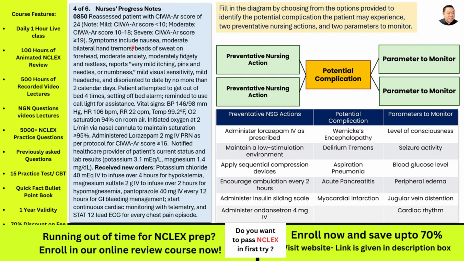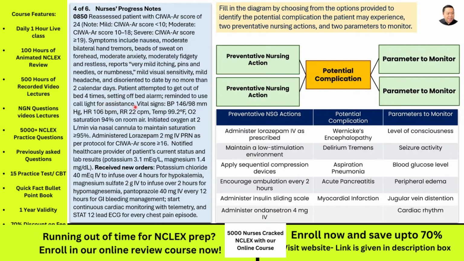Symptoms include nausea, moderate bilateral hand tremors, beads of sweat on forehead, moderate anxiety, moderately fidgety and restless, reports very mild itching, pins and needles or numbness, mild visual sensitivity, mild headache, and disoriented to date by no more than 2 calendar days. Patient attempted to get out of bed 4 times, setting off bed alarm, redirected to use call light for assistance.